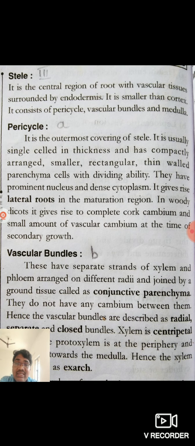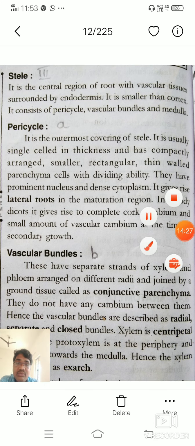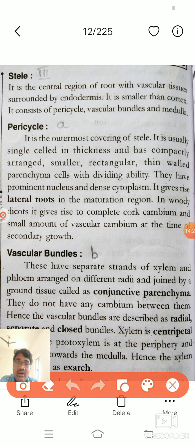It is usually single-celled in thickness and has compactly arranged, smaller, rectangular, thin-walled parenchyma cells with dividing ability. That is the most important concept. Pericycle cells have the ability to divide. That is the pericycle.